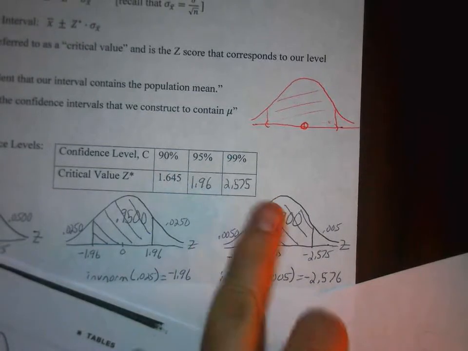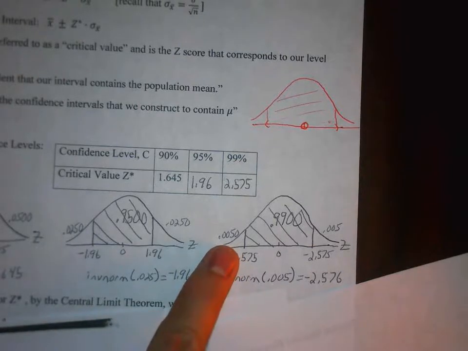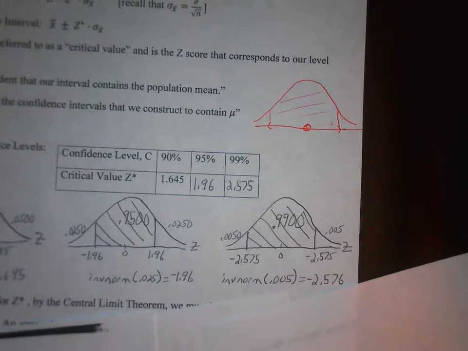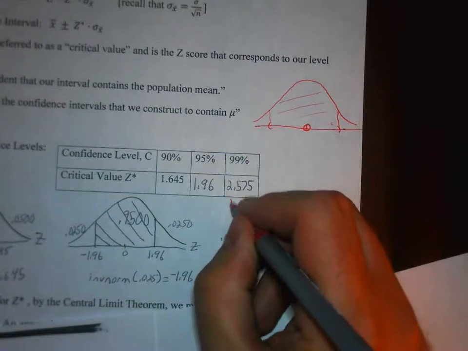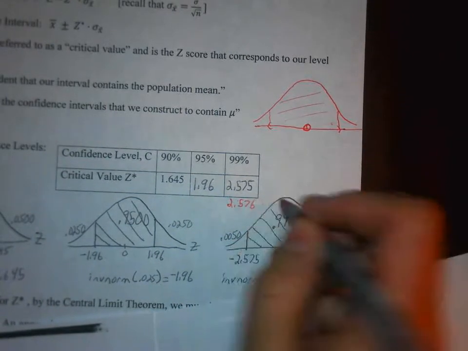The reason I put 2.575 is because I used the table on the Z-scores, and this 0.005 is halfway between 2.57 and 2.58. So I just averaged them together. Now you can use either of those values and you'll be fine. If you want to use 2.576, that would be fine.